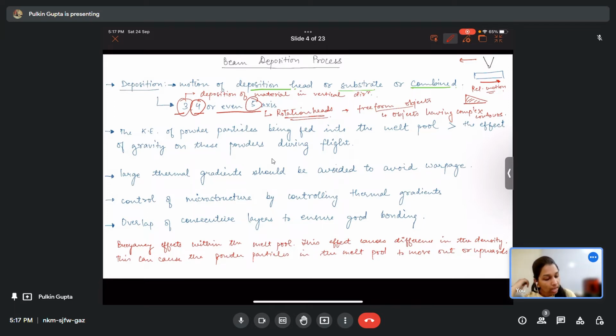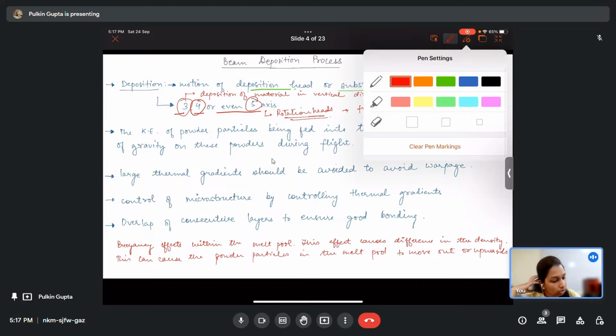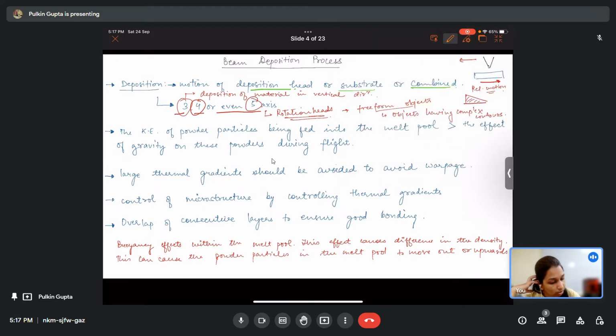Okay, next point is large thermal gradients should be avoided. Okay, so large thermal gradients should be avoided to avoid warpage. So if you have controlled thermal gradients or low thermal gradients, what you get is a flat object.